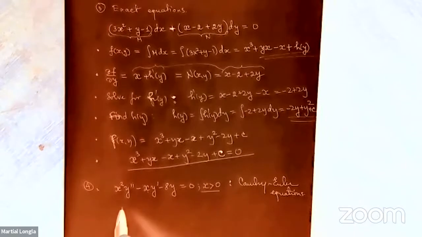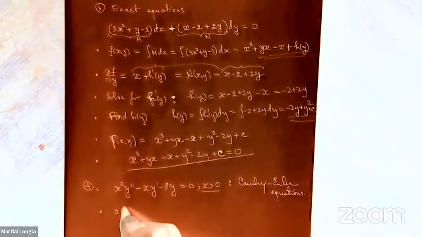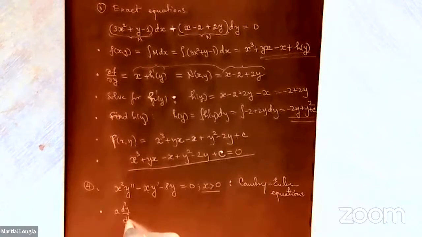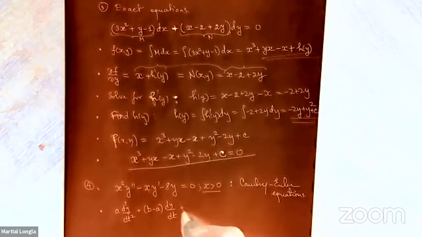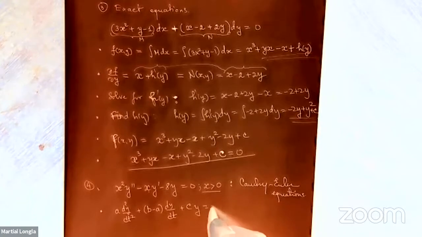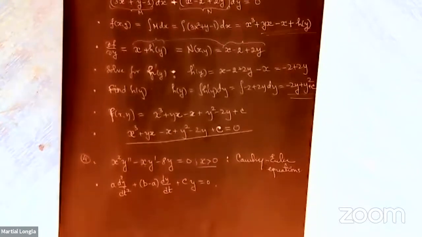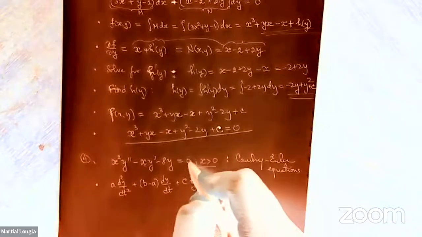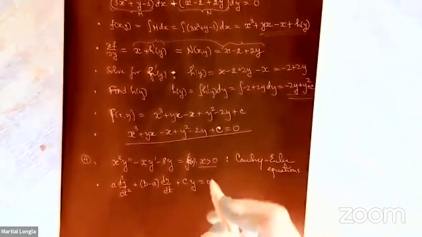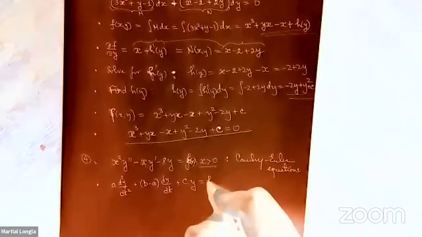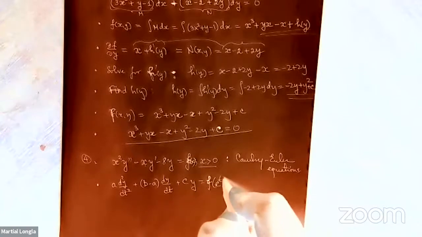And the method here says you got to write the equation as a d2y over dt squared plus b minus a dy over dt plus cy first. Technically, you could actually have a right-hand side. Let's even write it down here with the right-hand side, and then you would have to write that this is equal to f of e to the t.